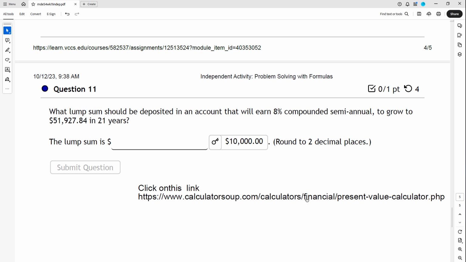This next one here. What lump sum should be deposited into an account that will earn 8% compounded semi-annually to grow to $51,927.84 in 21 years? Okay, for this one here, they're asking for a present value, so I have to use a present value formula, and here's a calculator for that.